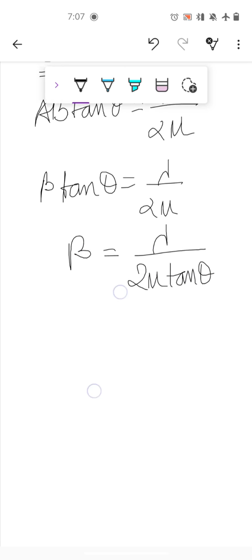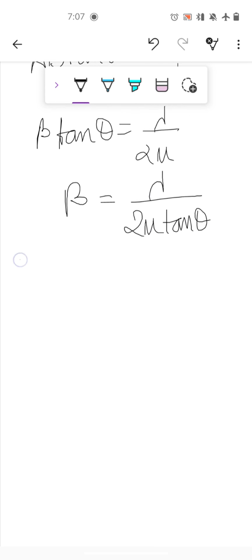Okay, and for very small values of theta, here we can see the angle of the wedge is very small. It is hardly 1 to 5 degrees. Because we have to consider the air film here, and see what is happening at the air to glass boundary and glass to air boundary.